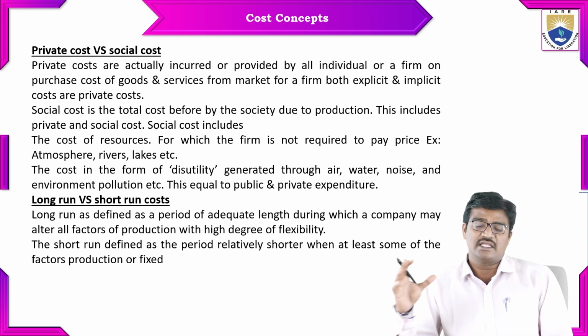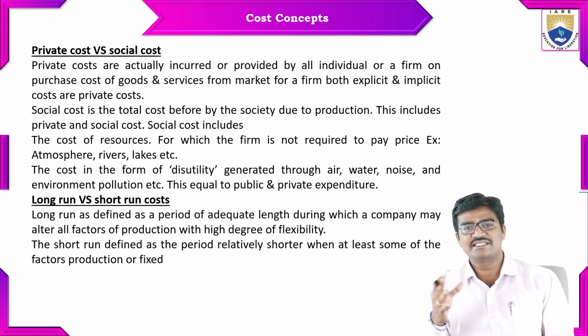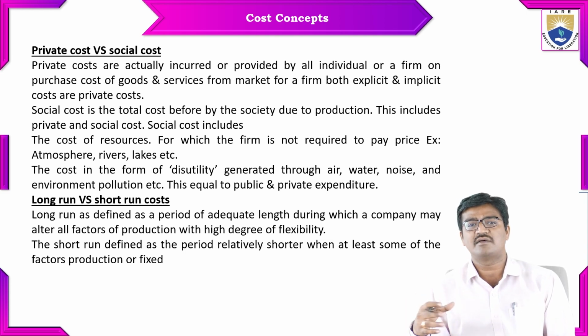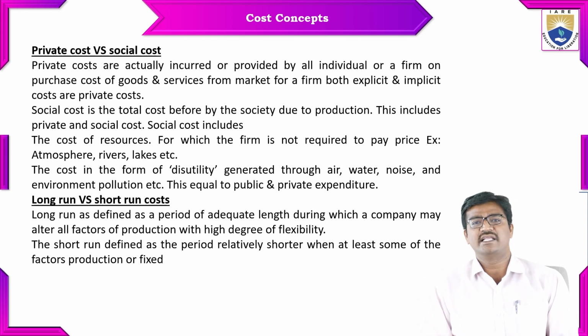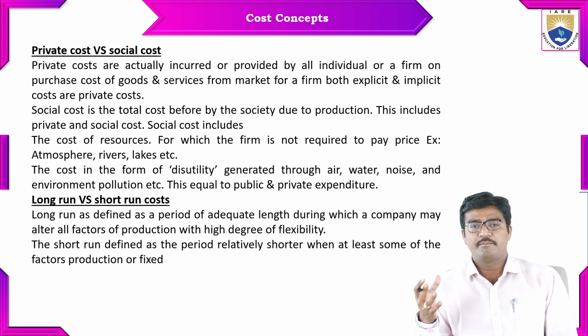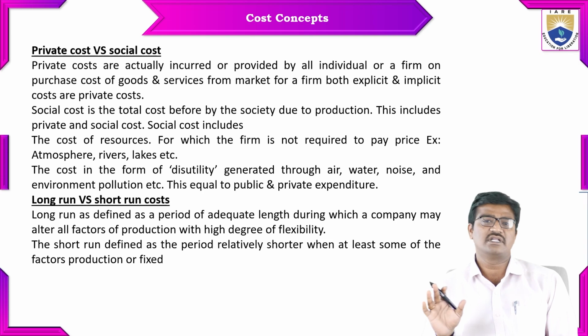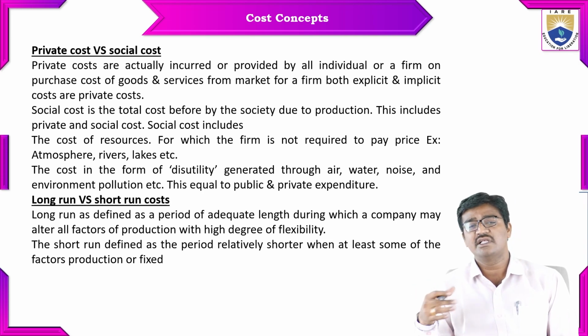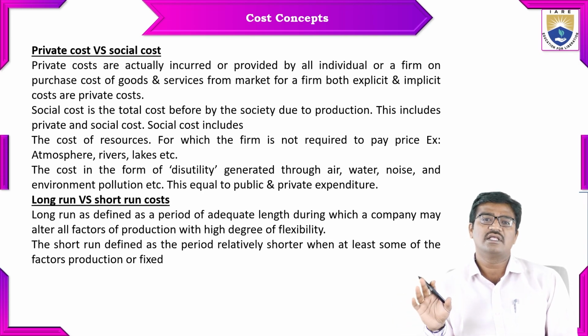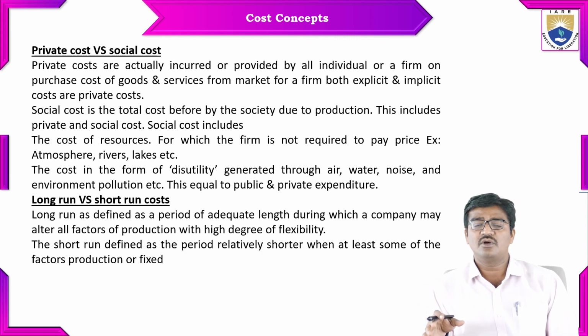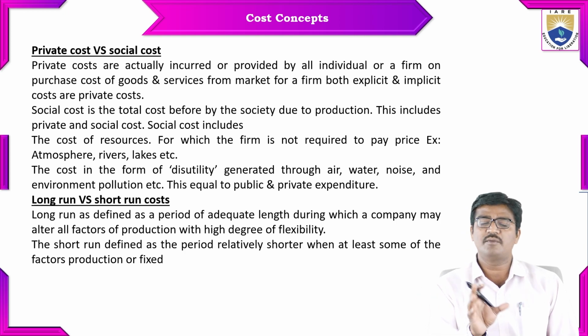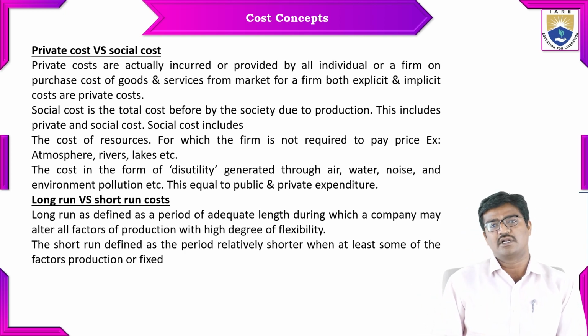Here, in case of the absence of these natural resources, you need to incur some other additional amount of expenditure. So because of the existence of natural resources, you need not incur any sort of additional amount for these natural resources. If you add this particular amount to the business cost, you will get the social cost.